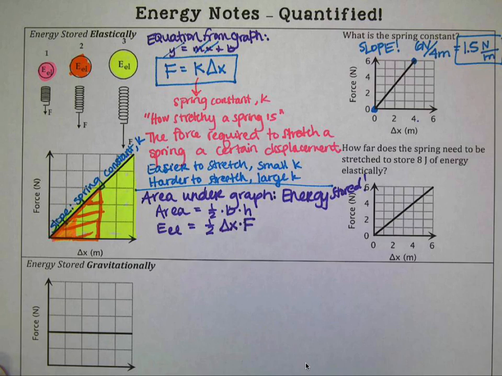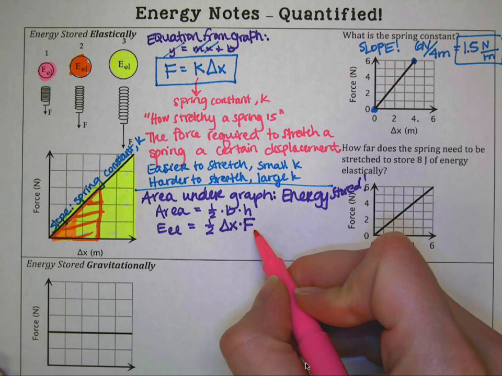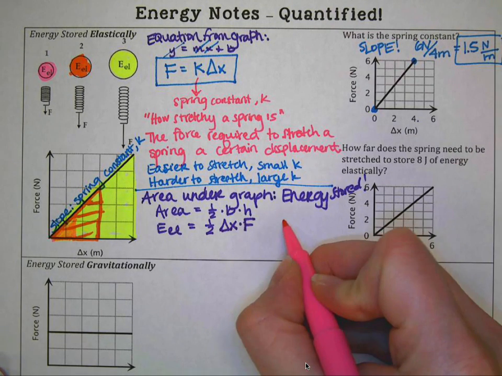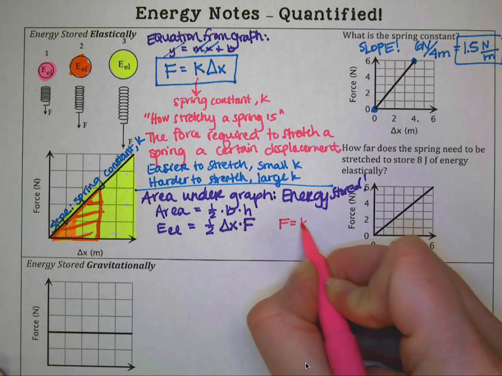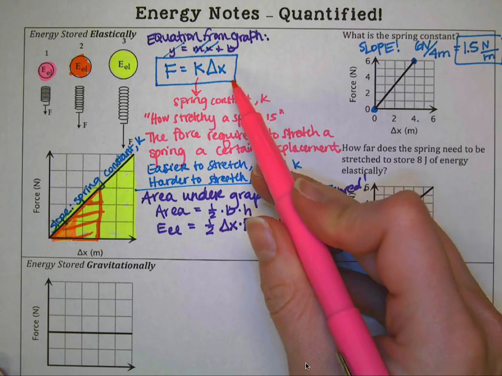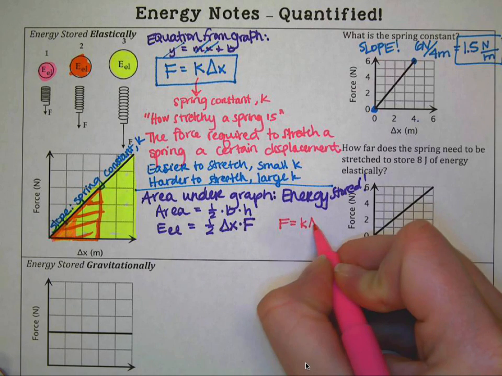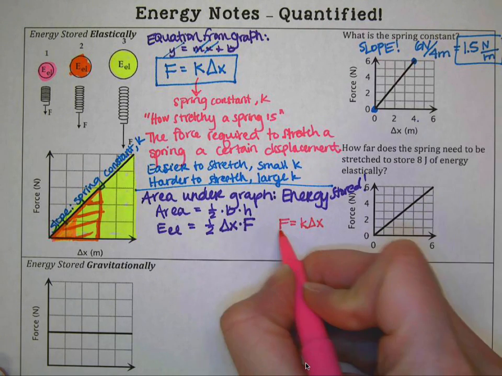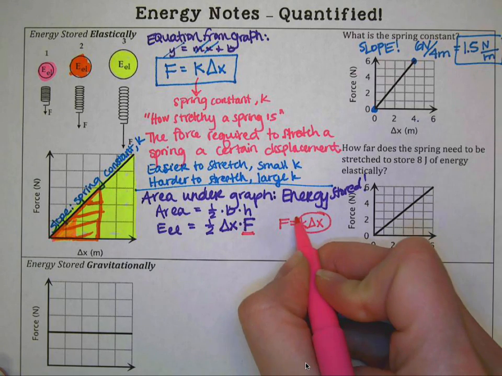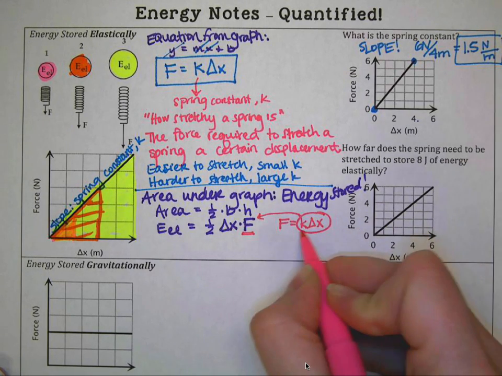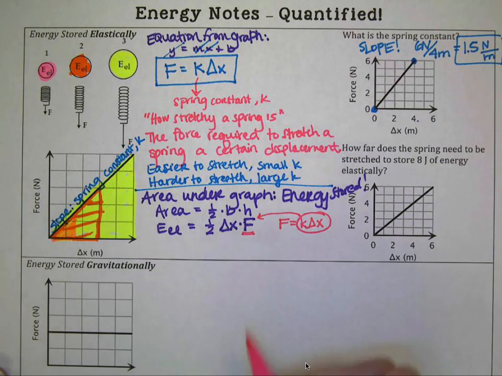Because we might not necessarily know how much force we're applying, but it's easier to measure the displacement, we can remember back to our equation from right up above and say to ourselves, well, if we want to replace force, we can substitute in k delta x, or spring constant times the displacement.